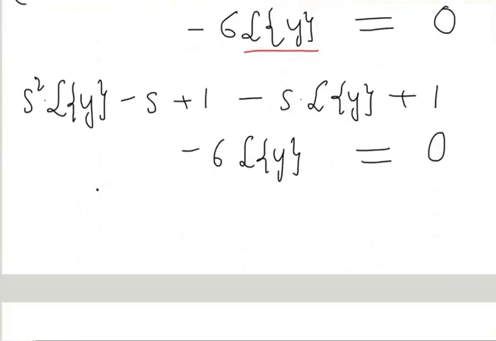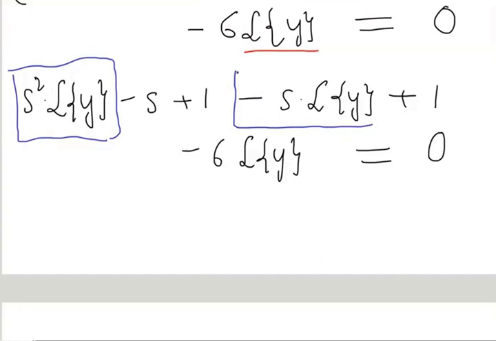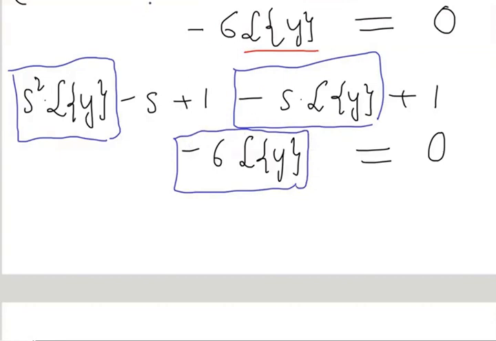Now the next step is to solve for Laplace transform of y. Let's look at all the terms with Laplace transform of y. We have this term, this term, and that. We will leave these terms on the left hand side, and at the same time factor the Laplace transform of y out.